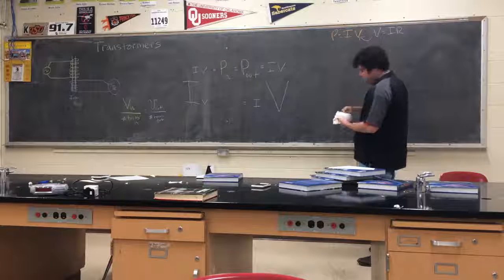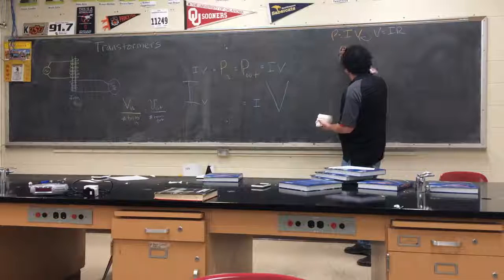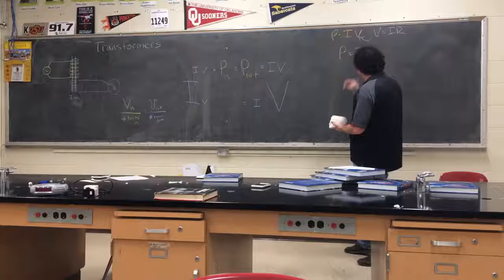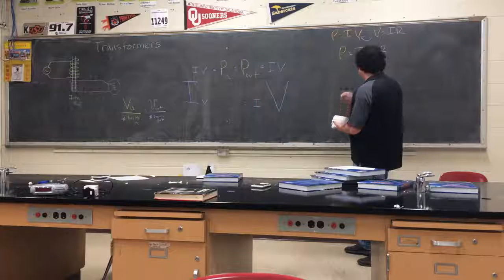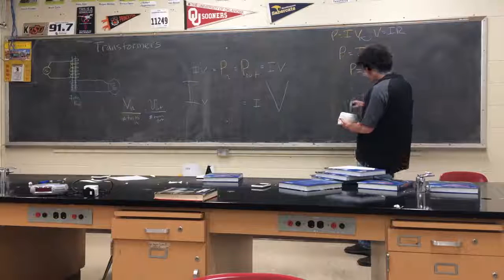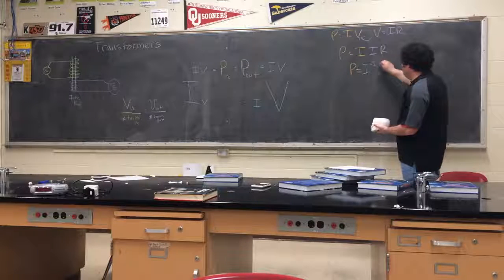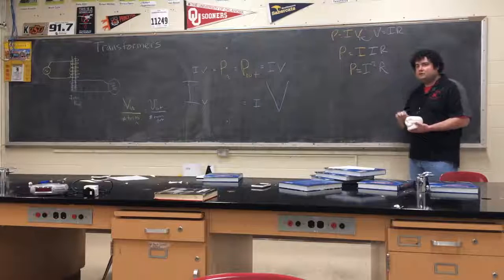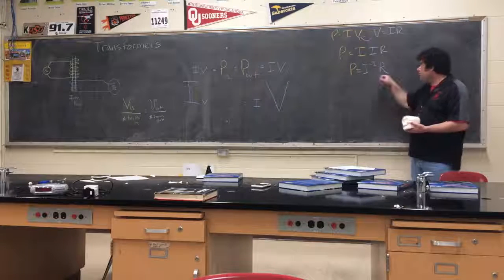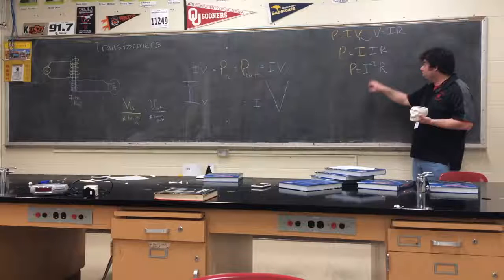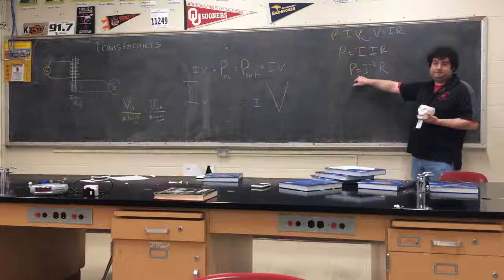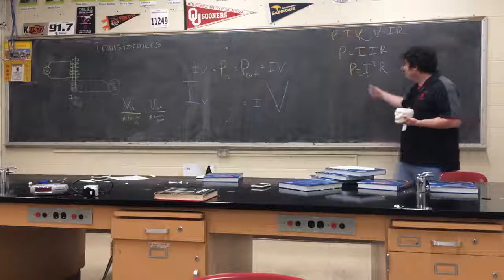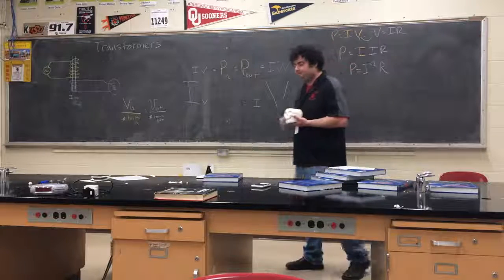If we sub in, we can see that P is I²R, or that P equals I squared R. So for anything that has resistance, including a wire which has some resistance, the more current you have, the more power is going to be wasted as heat. Voltage isn't in this equation.